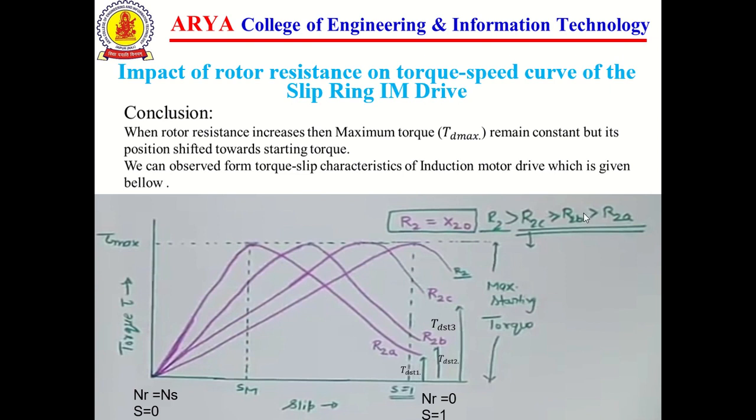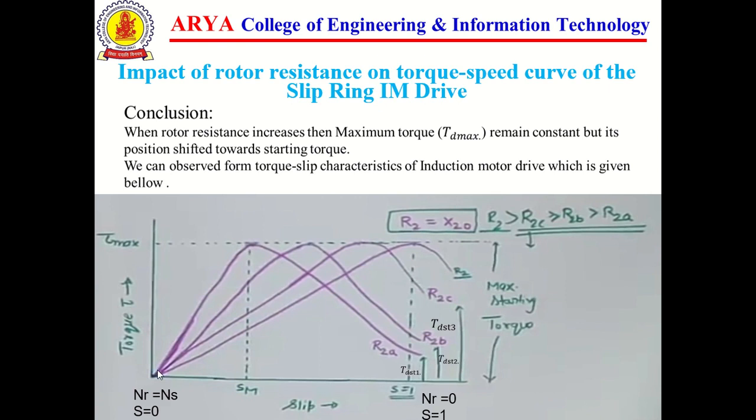This is the variation of rotor resistance. In this graph, the case A represents rotor resistance R2A, and you can see the torque characteristic.